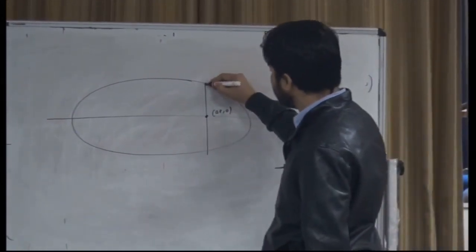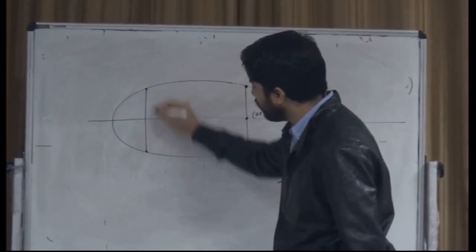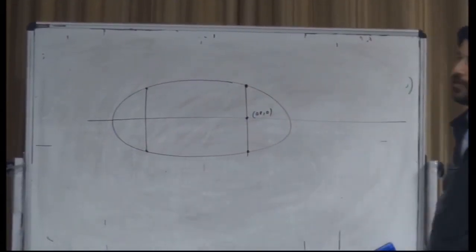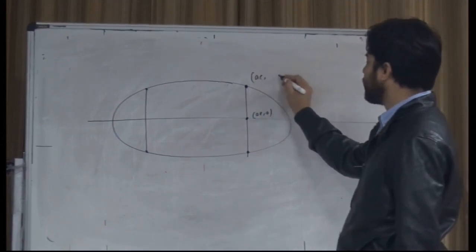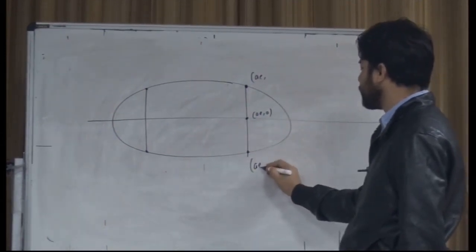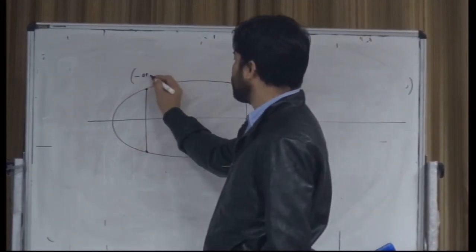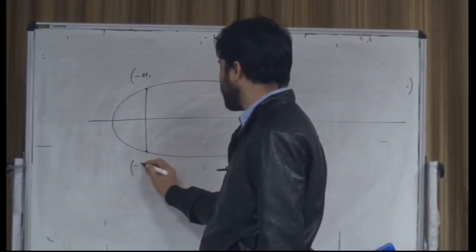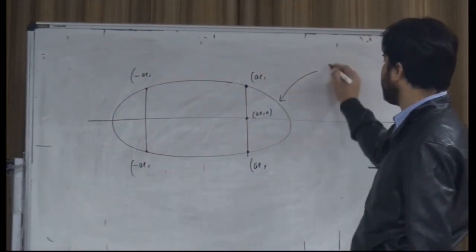It means you will have 4 endpoints of latus rectum. इसका एब्सिसा मुझे पता है, इसका भी एब्सिसा मुझे पता है, इसका भी एब्सिसा मुझे पता है, और इसका भी एब्सिसा मुझे पता है, और इसका कर्व मुझे पता है.